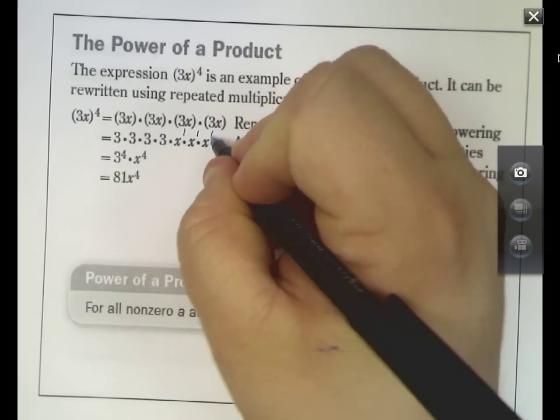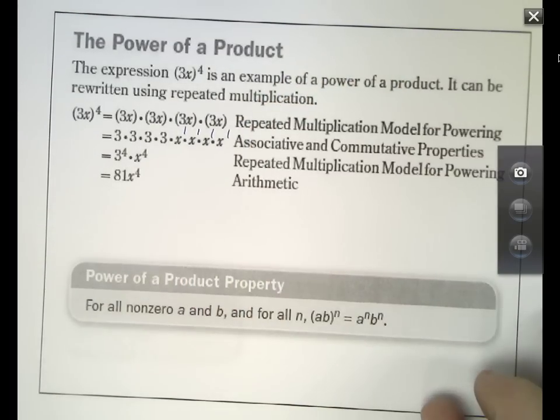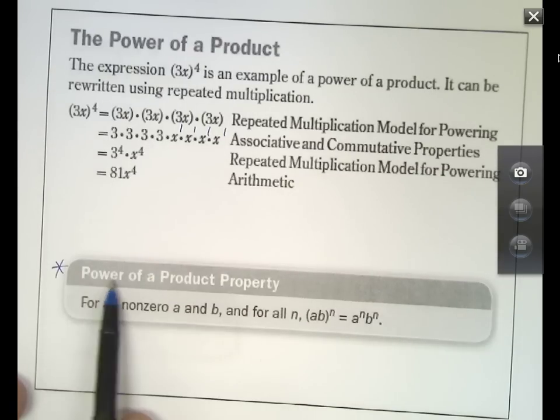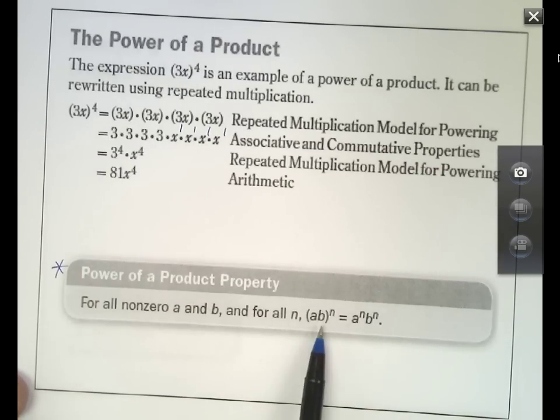Remember, all these are first powers, so you add them together, which gives you x to the fourth. So they came up with this nice little property that says if you have more than one thing in there that's being multiplied, that n has to go to every single thing in your quantity. So this now becomes a to the nth power, b to the nth power.